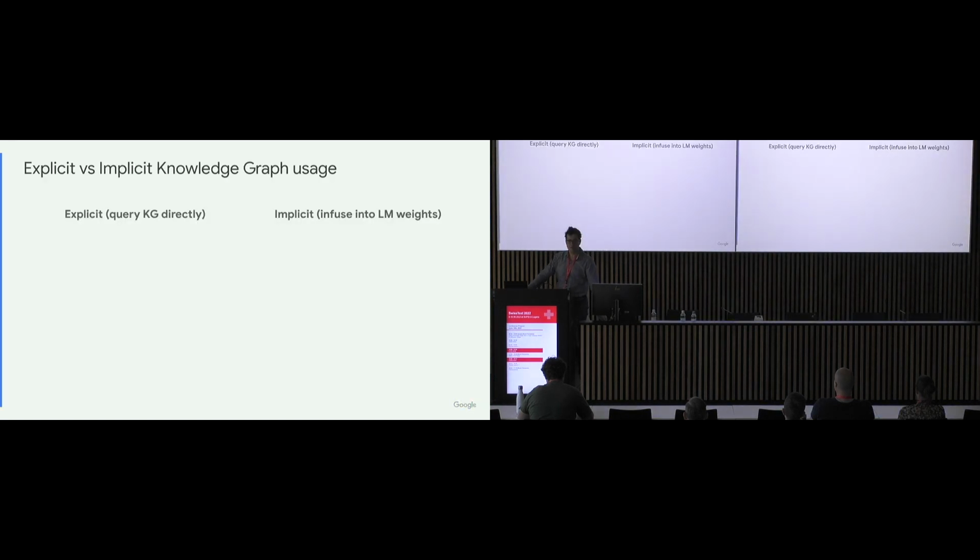So, wrapping up a little bit, there are two ways in which we can leverage structured knowledge graph data for question answering. The explicit approach would be, for example, retrieval augmentation. You train the model to query your knowledge graph.